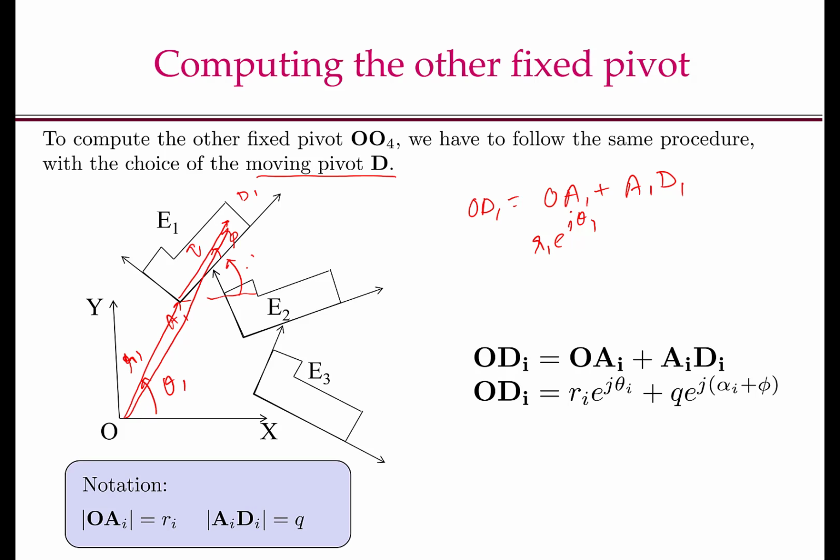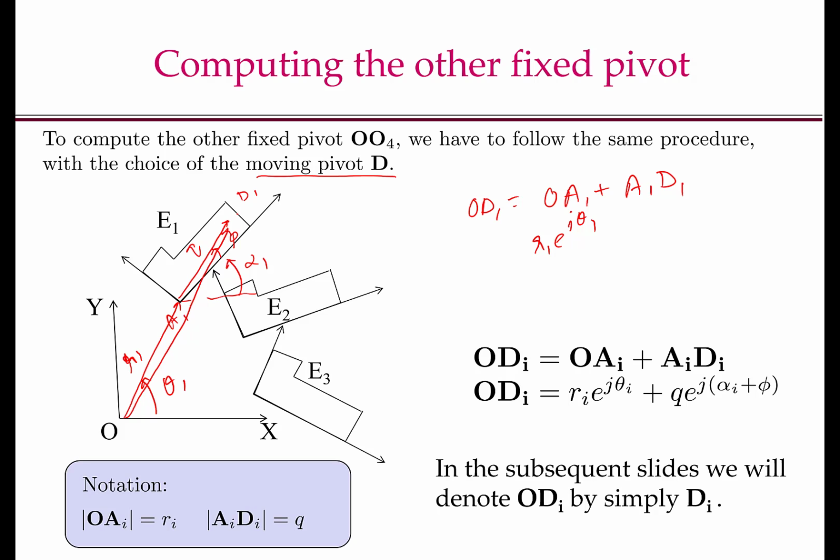Alpha 1 is the angle here. So A1D1 is Q e to the power of j (alpha 1 plus phi). So I have OD1 as R1 e to the power of j theta 1 plus Q e to the power of j (alpha 1 plus phi).